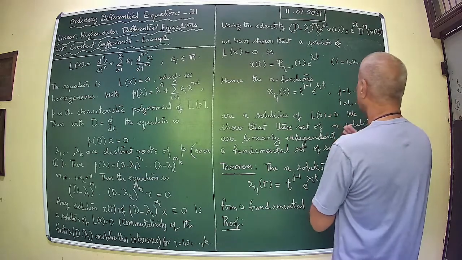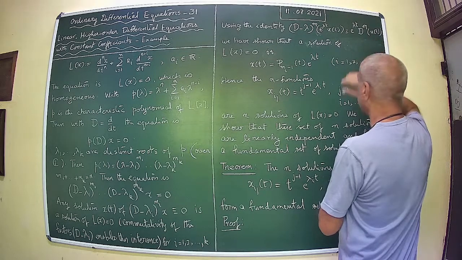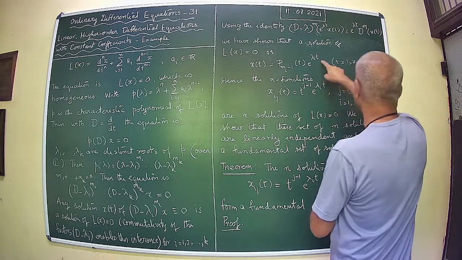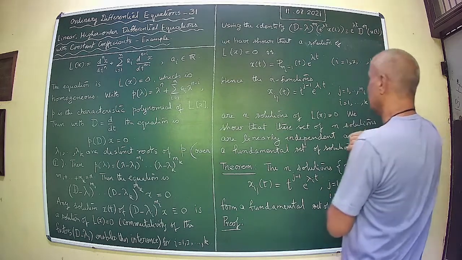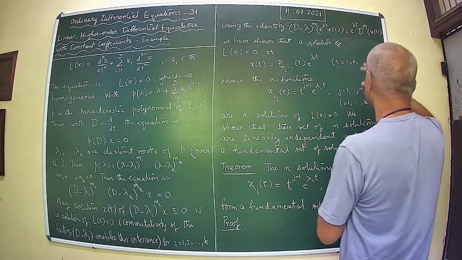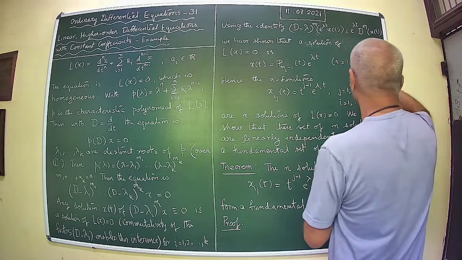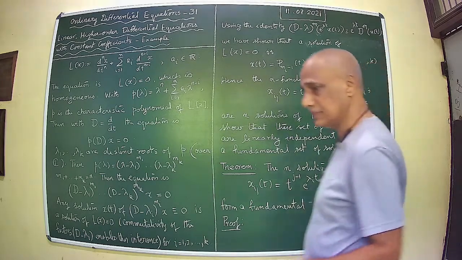D to the power mi of e to the power minus lambda i t x(t) equal to 0. So I will just write it here.